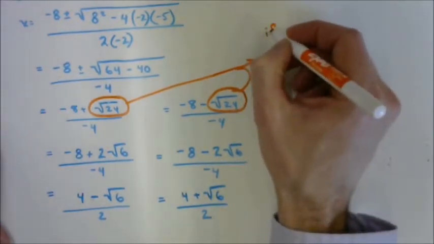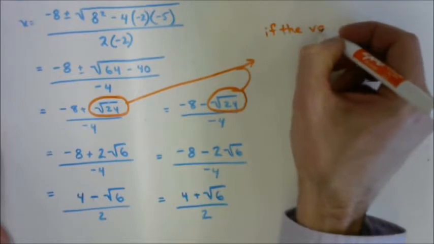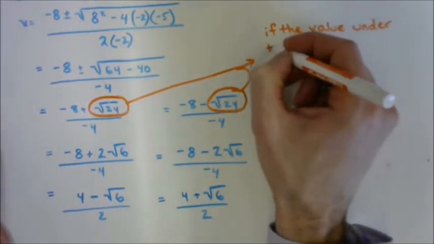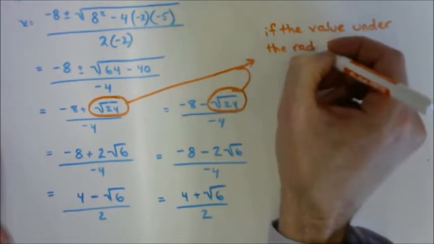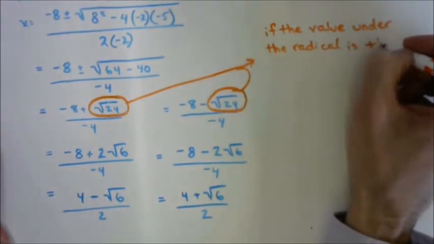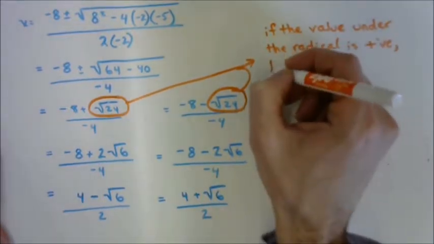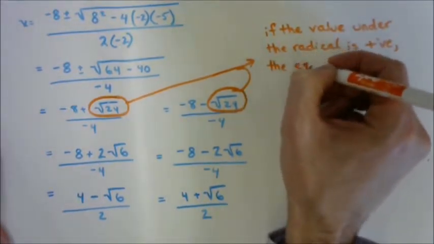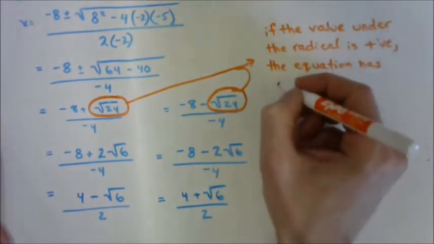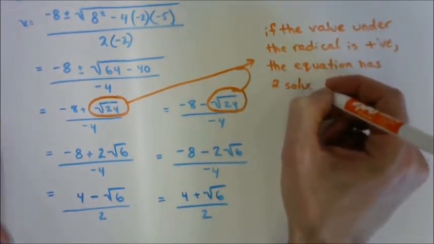So if the value under the radical is positive, the equation has two solutions.